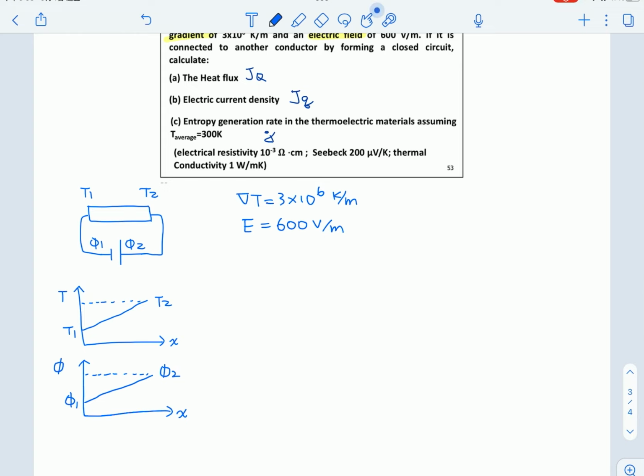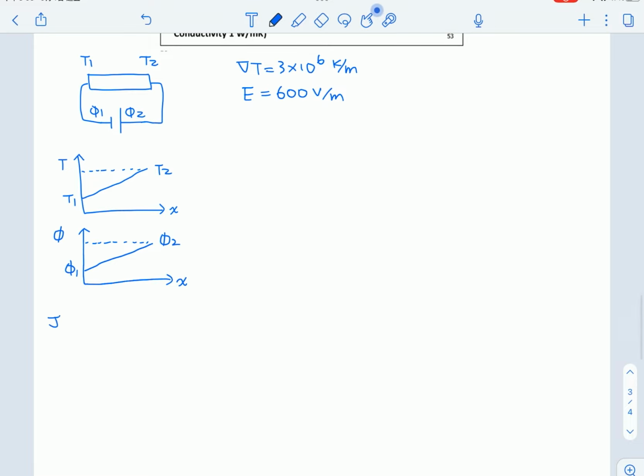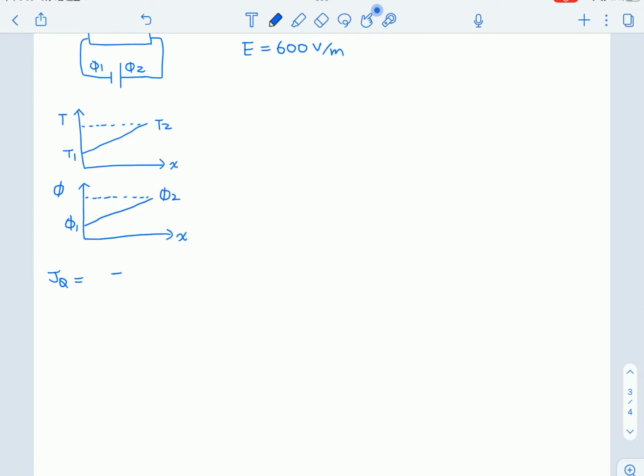Now we have two driving forces, so you need to use the flux-force equations to formulate the heat flux, right? So the heat flux can be expressed like what? It is directly driven by the thermal force with its drag coefficient, plus the other driving force, the electrical field, which also contributes to the heat flux.